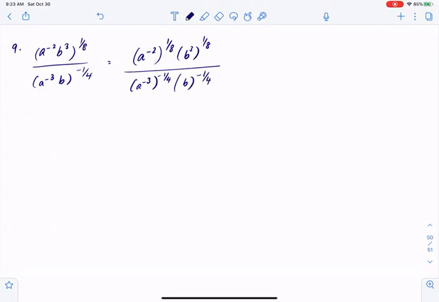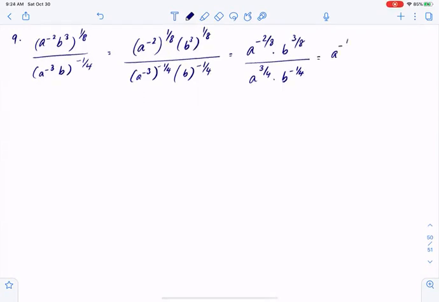I'm going to apply the exponents to each term. So I have a raised to minus 2 over 8, b raised to 3 over 8, a raised to negative 3 times negative 1 over 4 is positive 3 over 4, multiplied by b raised to negative 1 over 4.